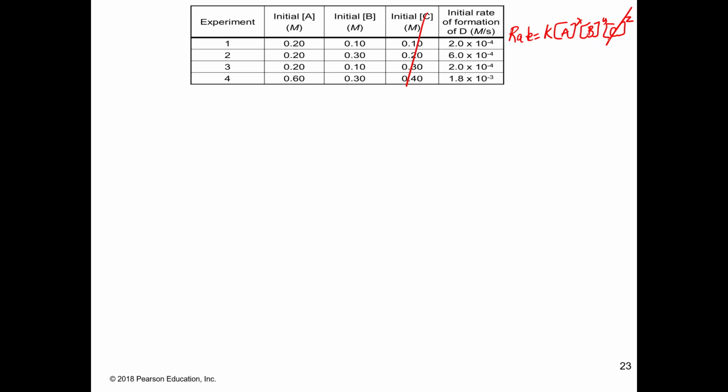So I'm going to look at those, and you can do them either way. I usually try to do whatever's easiest, but you know me. Why am I doing that? Oh, sorry, that's how I found the C, right?